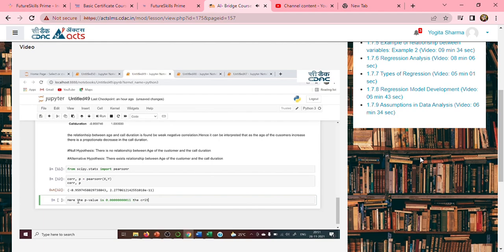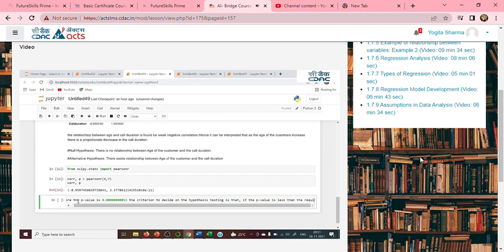Now the criterion to decide on the hypothesis testing is that if the p-value is less than the required level of significance, which is nothing but alpha, and by default the alpha value will be 0.05, then reject H0, which is nothing but your null hypothesis.